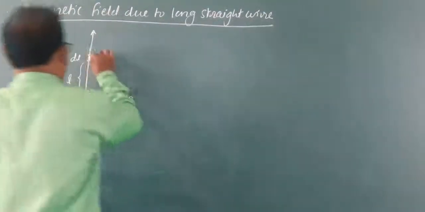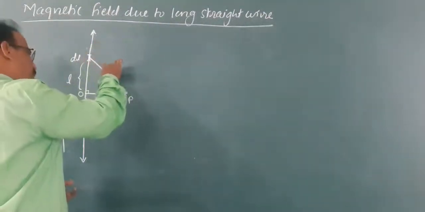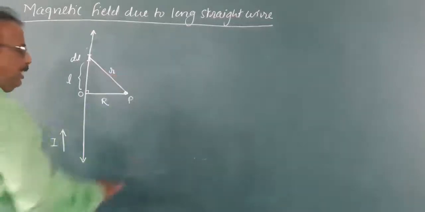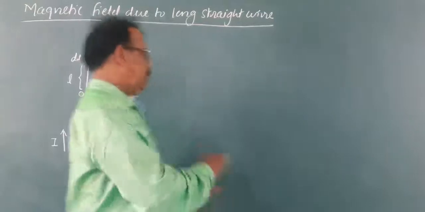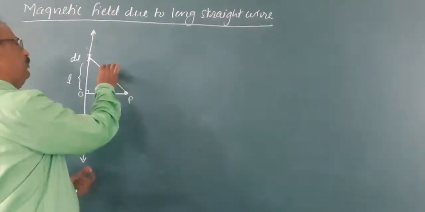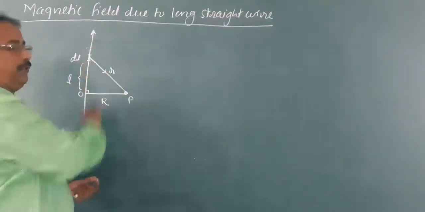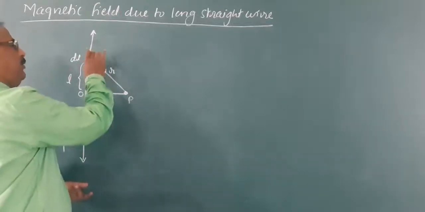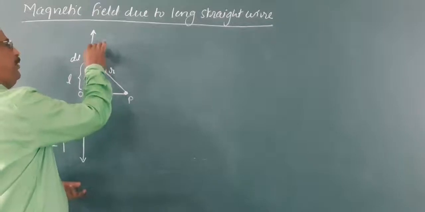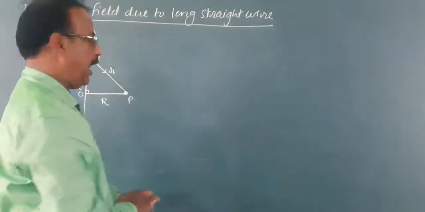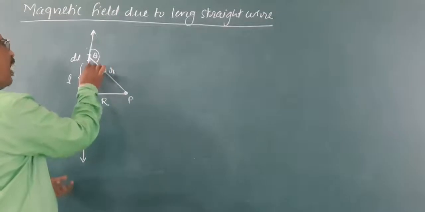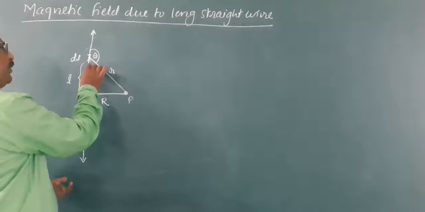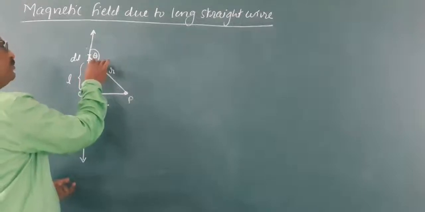And the distance of the small element from this point P take equal to r. This is the position vector of point P. This is the length vector. The angle between the length vector and position vector of point P, we always take theta. This angle you will get as pi minus theta.